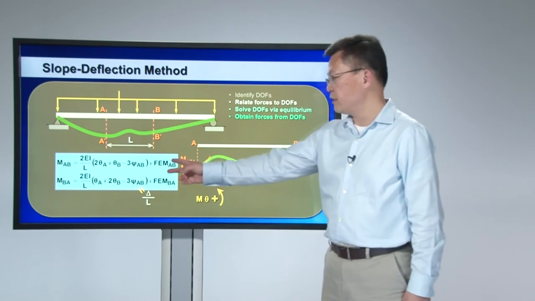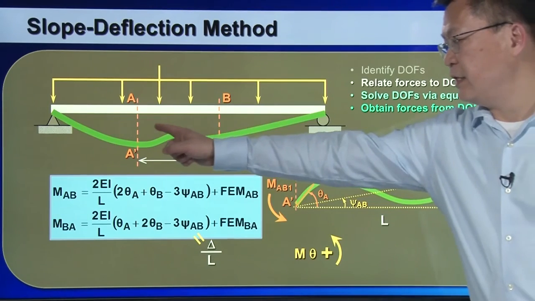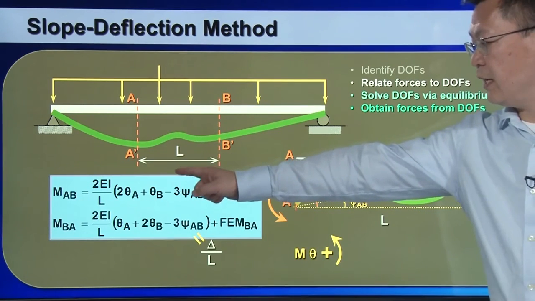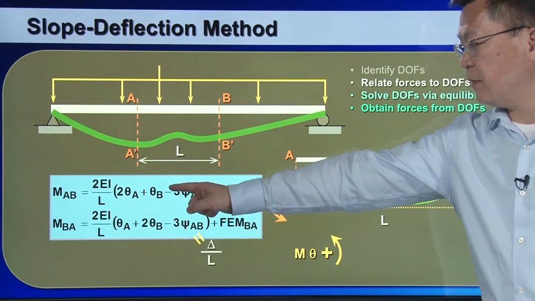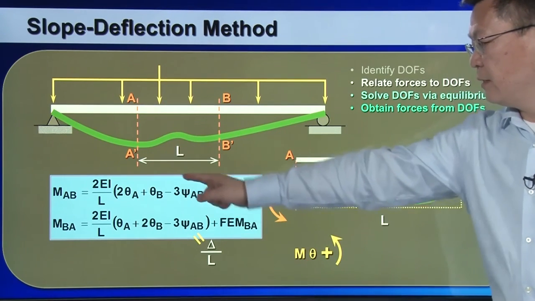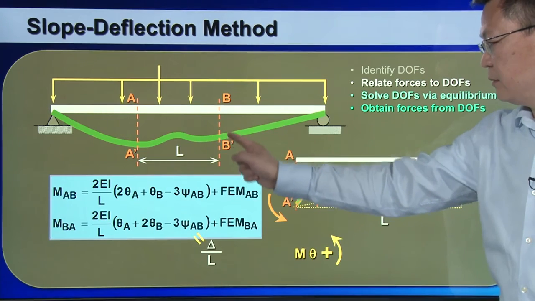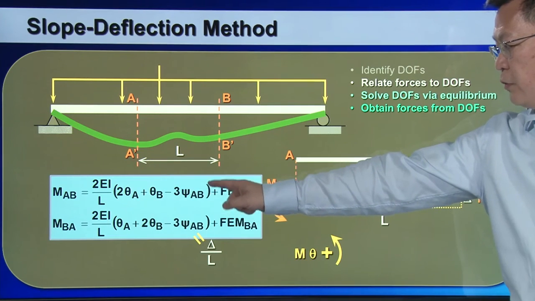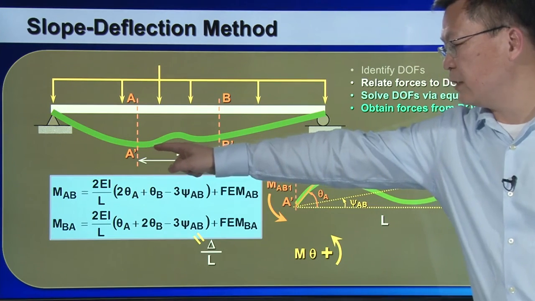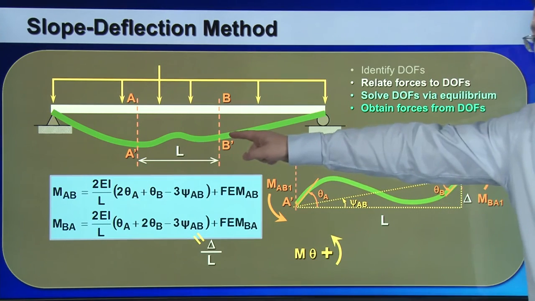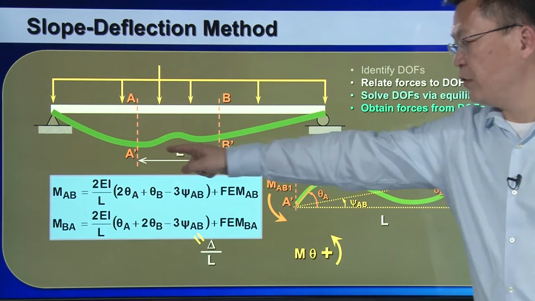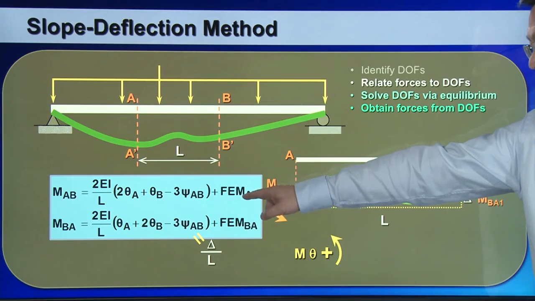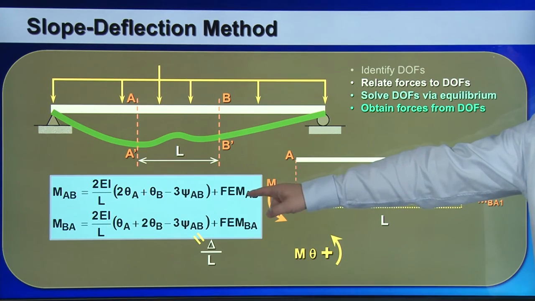So these two equations are: MAB, which is the internal bending moment at the left end of your segment, is equal to 2EI over L times 2 times theta A, rotation angle at A, plus 1 times theta B, rotation angle at B, minus 3 times the rigid body rotation angle of the segment, which is a straight line connection between the two deformed nodes measured from the horizontal line. And then at the end of the equation is a fixed end moment, AB, which can be obtained from a lookup table.